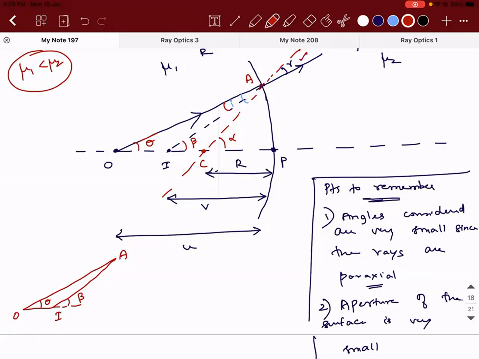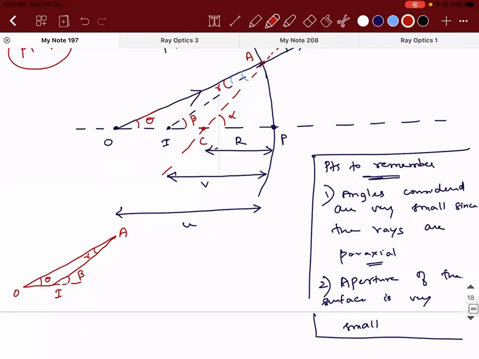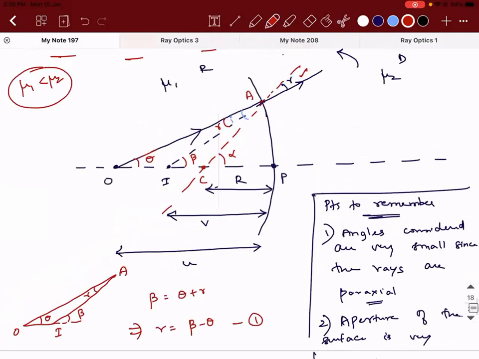If this is R, how much will this angle be? This will also be R only. So if it is R, what is the relation between all these three angles? Beta will be equal to theta plus R. Correct? So which implies R will be equal to beta minus theta. Let this be equation number 1. Any doubt in this step? No, sir. Good. Very good.